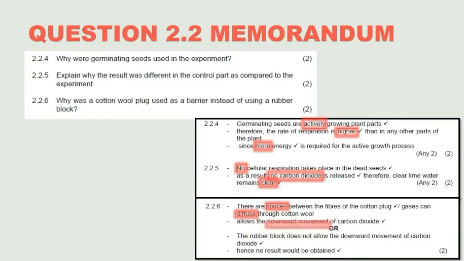So that allows the carbon dioxide to move upwards and out of the test tube. Or you could have said that the rubber stopper does not allow the movement of carbon dioxide into and out of the test tube. So that means there will be no results obtained.